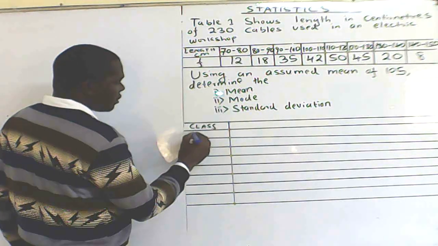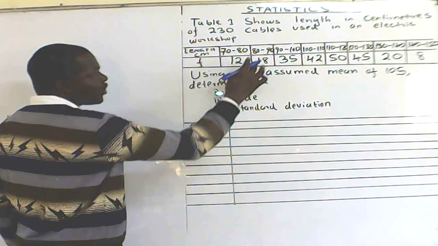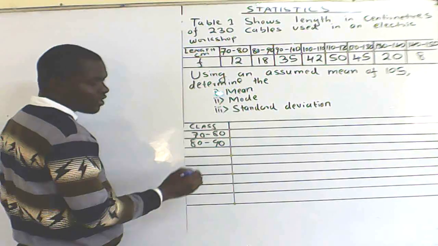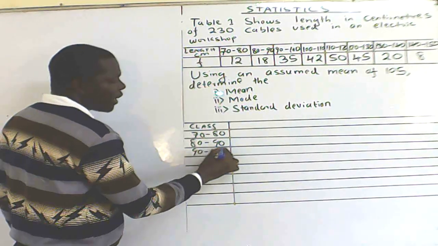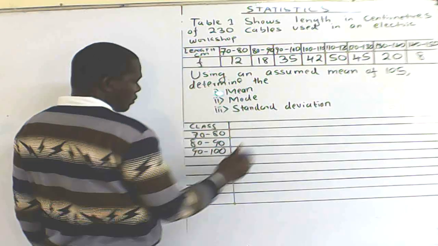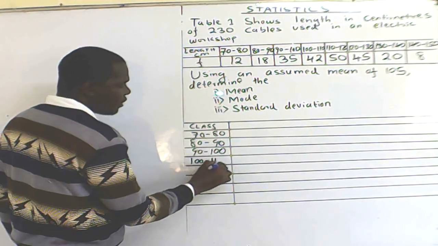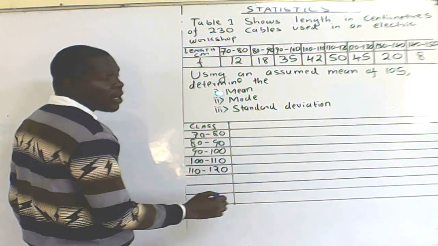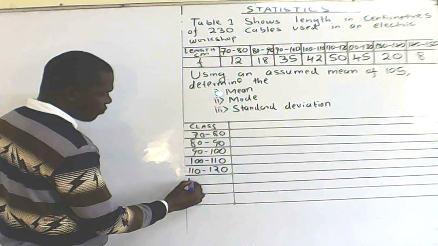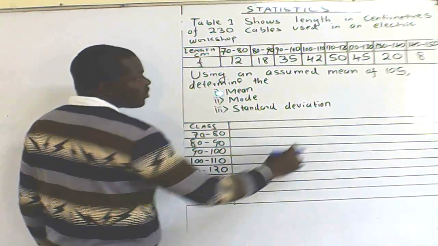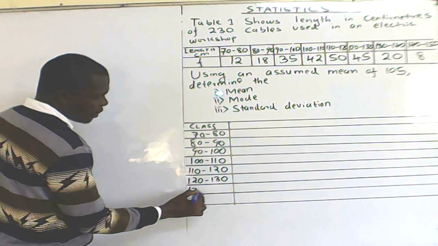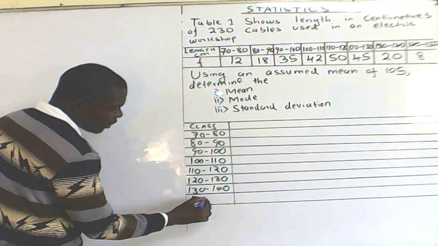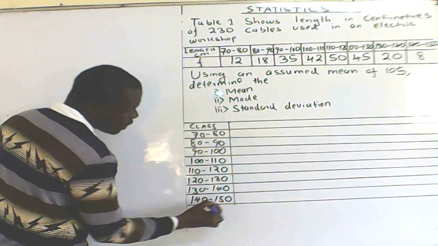The first class is from 70 to 80, the next class 80 to 90, the next 90 to 100, the next 100 to 110, the next 110 to 120, the next 120 to 130, the next 130 to 140, the next 140 to 150.